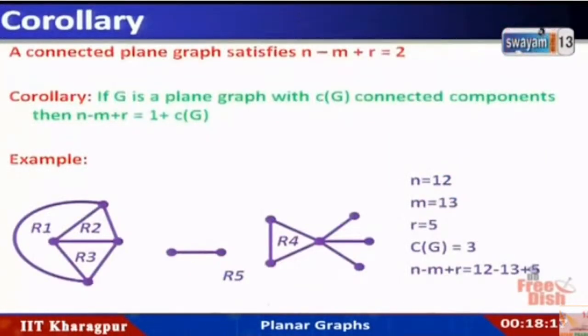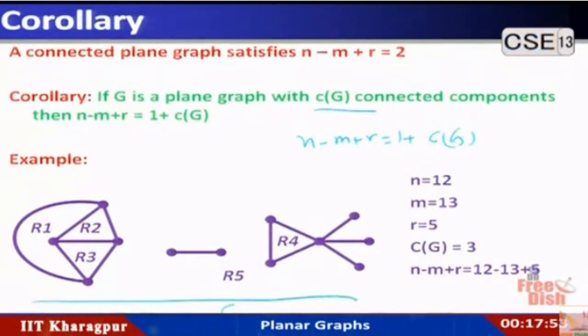Now there is a corollary which says that if G is a plane graph and C of G is the number of connected components, then this formula can also be generalized for disconnected graphs, that is n minus m plus r is equal to 1 plus the number of connected components in that graph G. Let us take this graph which has 3 components.